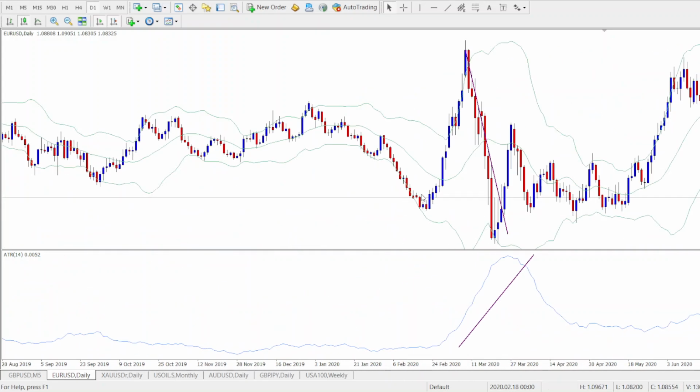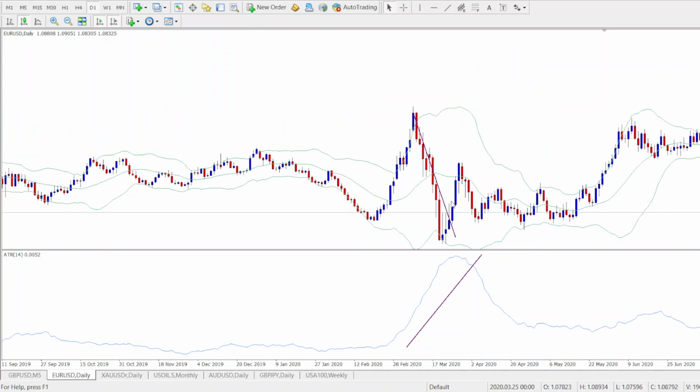For example, when you notice the Bollinger Bands widening, it shows increased volatility. Around here, you can see how the Bollinger Bands were widening apart. It shows that there is an increase in volatility.